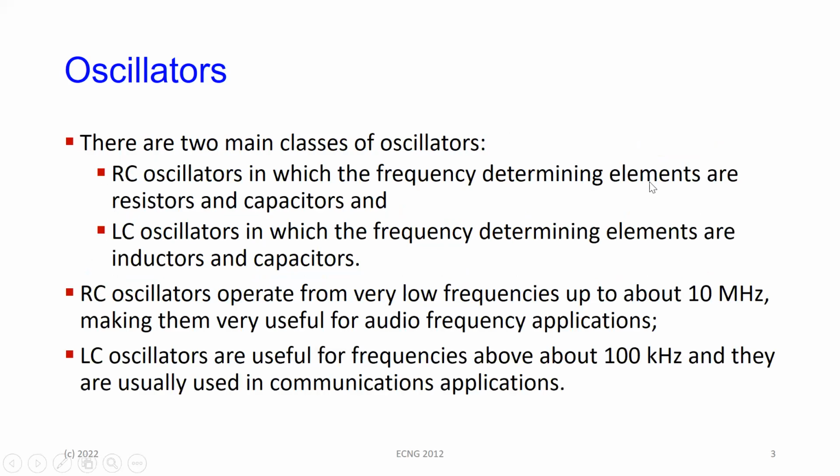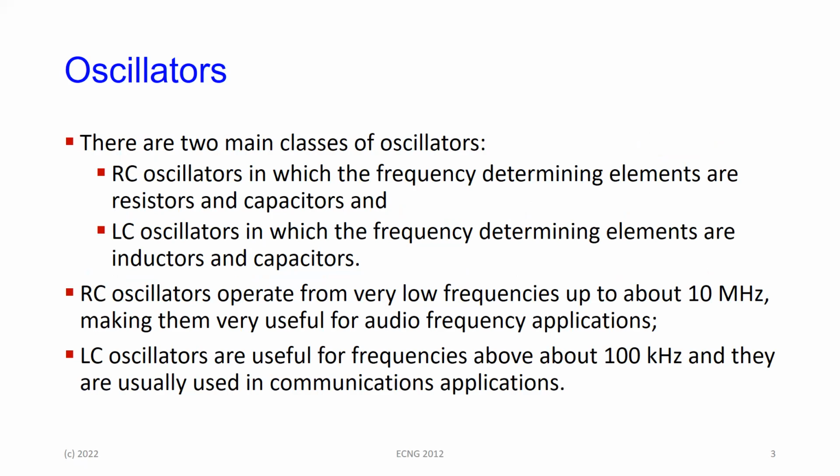And there are two main classes of oscillators. There are those that use resistors and capacitors to generate the oscillator output. Those are useful from fairly low frequencies up to about 10 megahertz. So they're generally used in audio applications or in low frequency radio applications as well, but mostly in the audio range to slightly above.